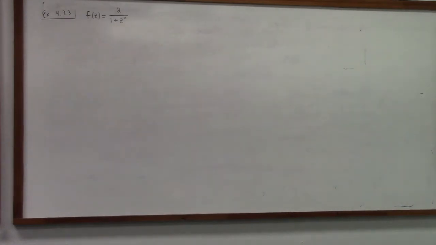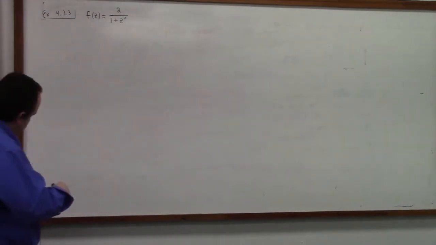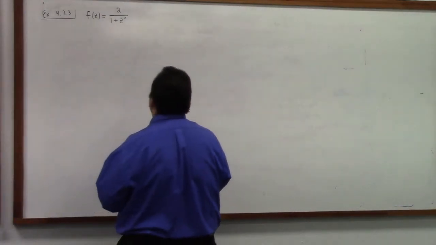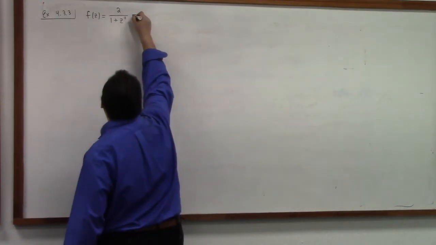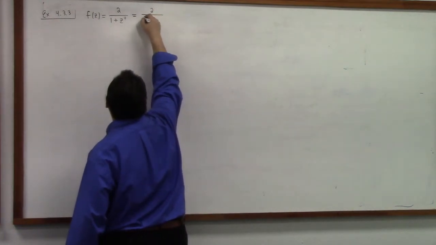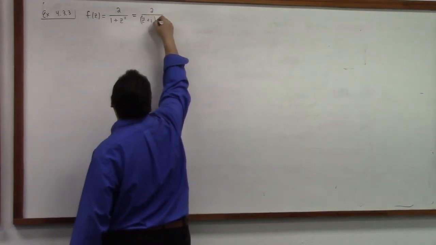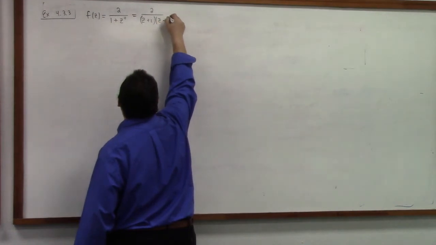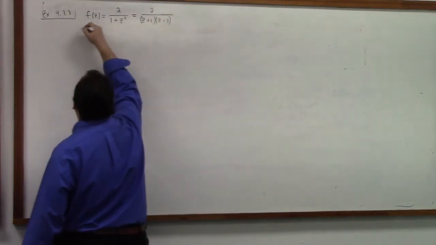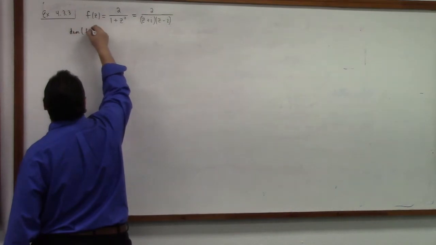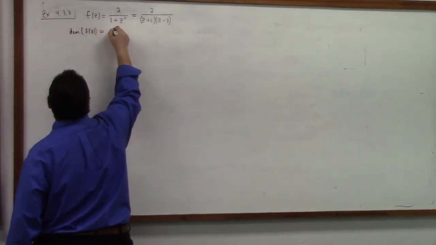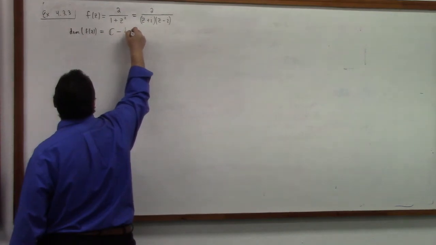Anything on the imaginary axis, oh wait, i is a trouble, isn't it? So z squared plus 1 factors into z plus i times z minus i, right? So the domain of f of z is the complex numbers, and you've got to remove minus i and i.